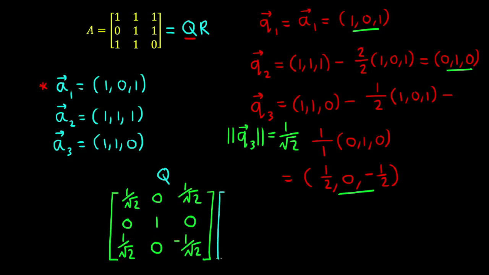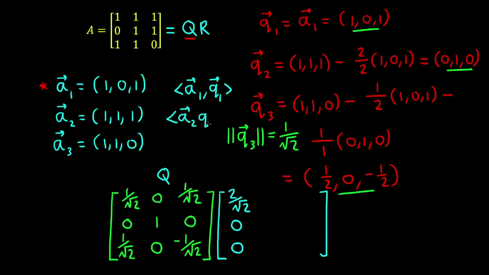And now we can obtain our R matrix. The first entry is the inner product between A1 and Q1. That gives 1 on root 2 plus 1 on root 2, or 2 on root 2. And the entries below the diagonal are 0. In the next column, we have the inner product between A2 and Q1, and A2 with Q2.